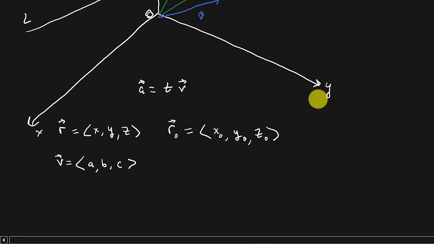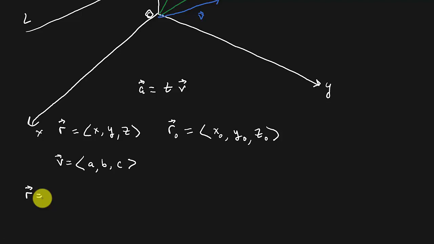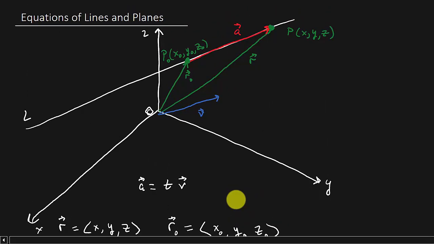Now, vector R, let's look at it again. So what is vector R? Well, do you remember back when you learned how to do vectors? If we want to get vector R, that's vector R0 plus vector A, right?